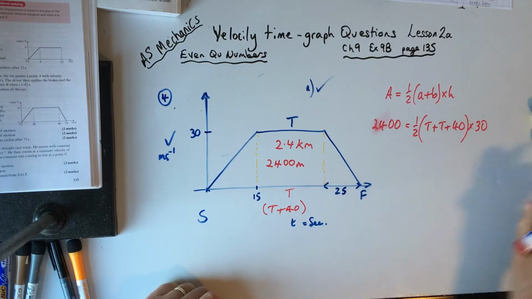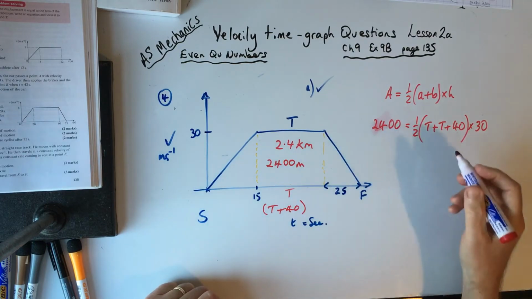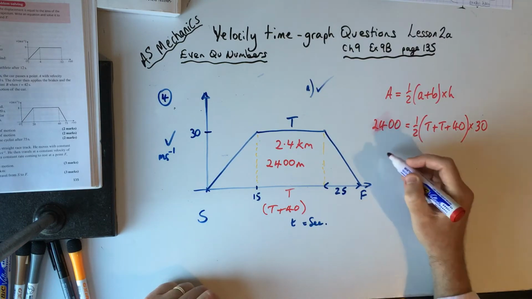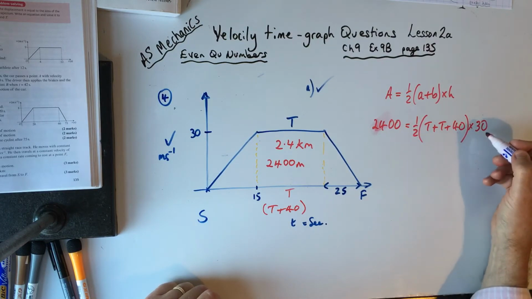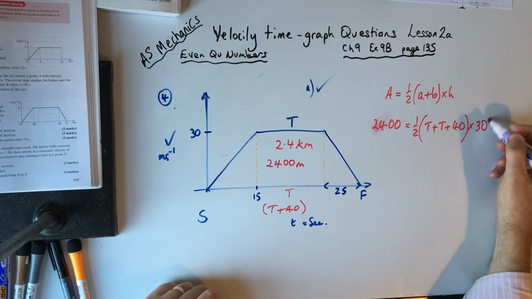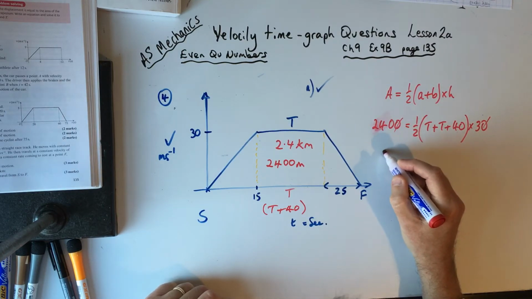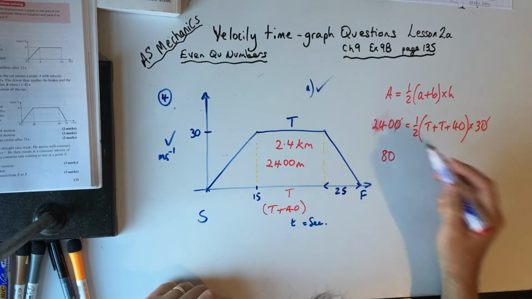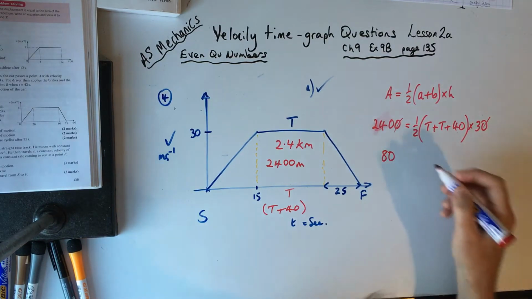So that's what we've got to work out. There's different ways of doing this. We could divide the whole side by 30. That's easy enough. So divide both sides by 30. Divide that by 3. Oh, that's nice, isn't it? 24 divided by 3 is 8, so that's 80.